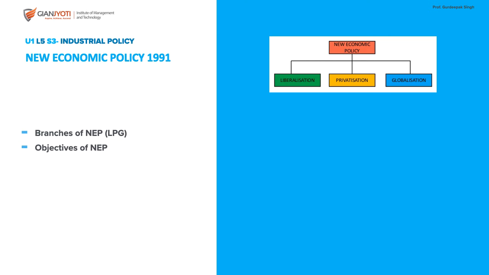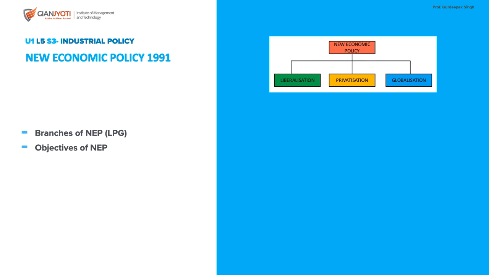If we talk about this new policy, it had three legs, three branches, which we call LPG: liberalization, privatization, and globalization. When we talk about liberalization, as we discussed, they opened up the private sector and they removed the licensing Raj, as we call it today.